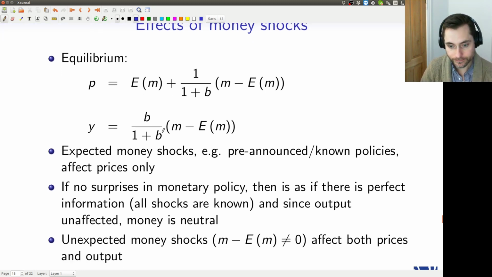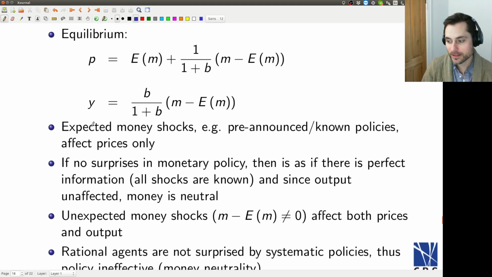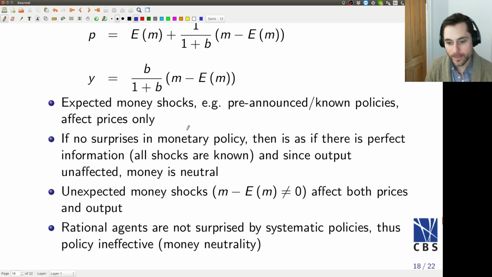However, expected changes in the money supply affect prices, but they don't affect output. Unexpected changes in money supply affect both prices and output. That's what you've got to know from this picture. And this makes sense because rational agents aren't surprised by systematic policies. It's only unexpected surprises that are actually going to affect output.